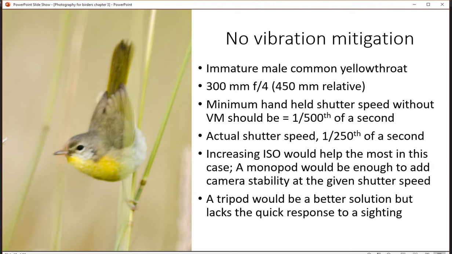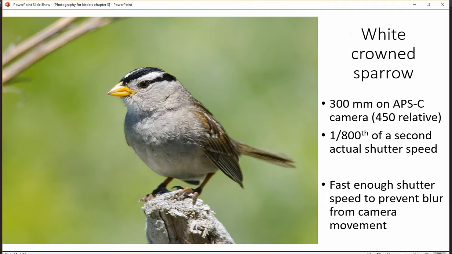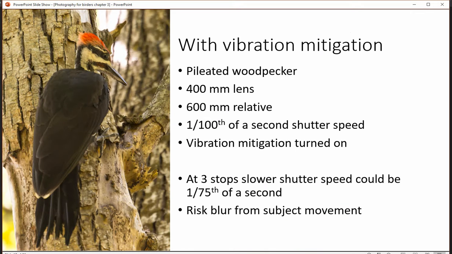So if you don't have vibration mitigation and you're shooting at slower shutter speeds, even something here like 1/250th of a second, it's too slow for the amount of magnification that's going on. Here's 1/800th of a second. Given the amount of magnification, that's working out quite well.